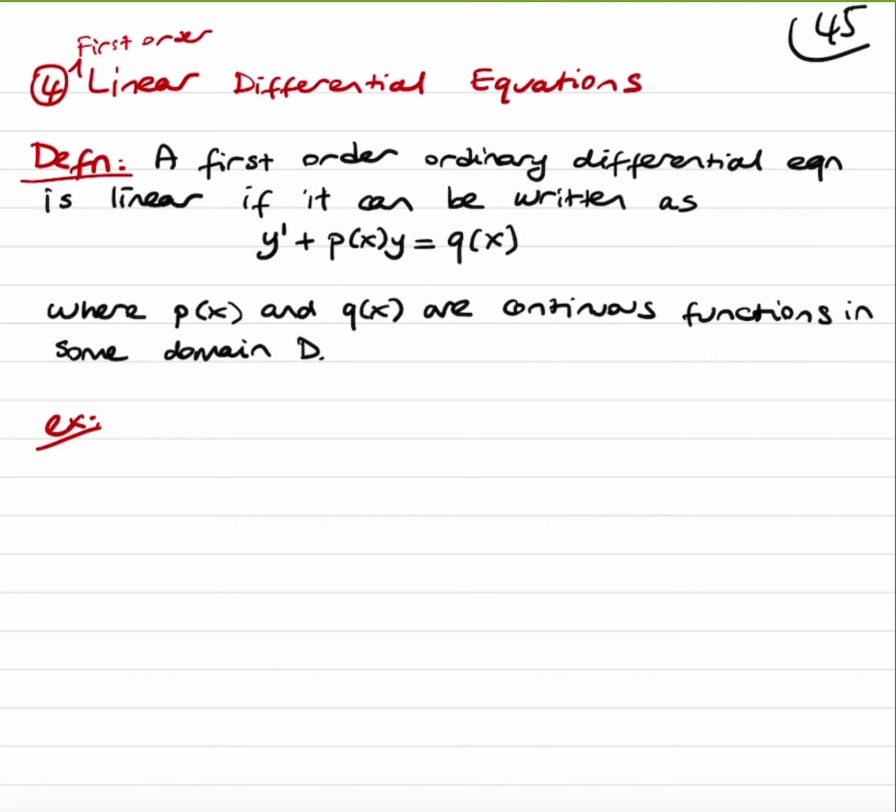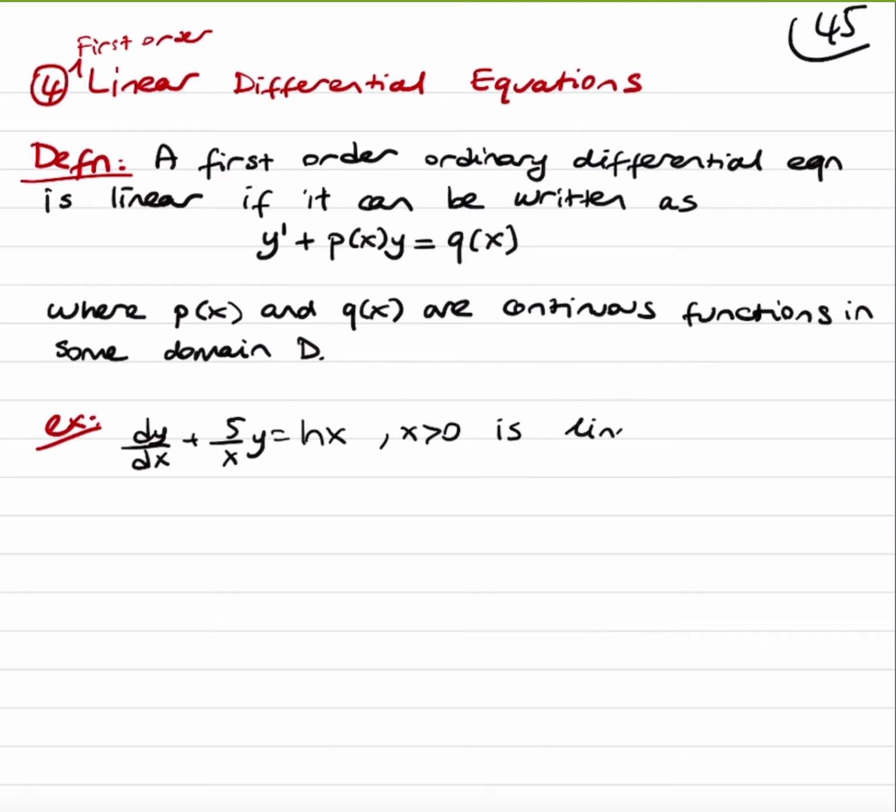Okay, let's give one example. So, for example, dy over dx plus 5 over x y is equal to ln x. So this is linear, when x is not equal to 0.